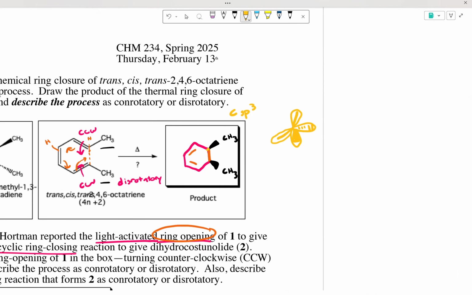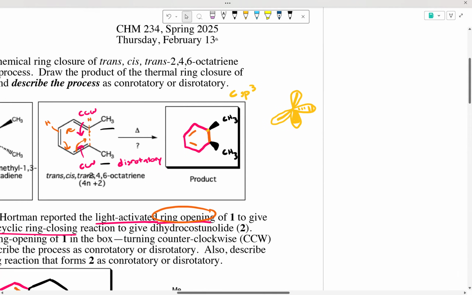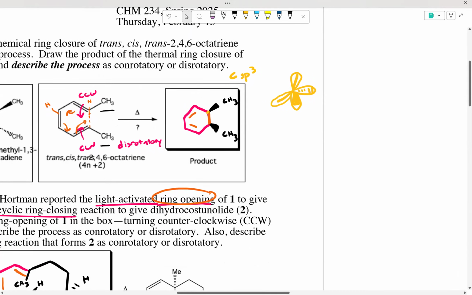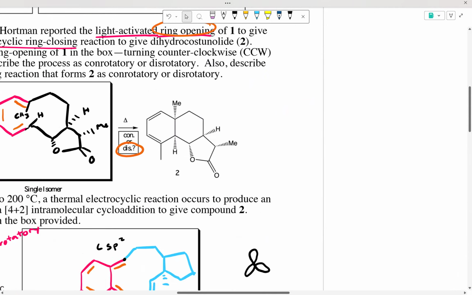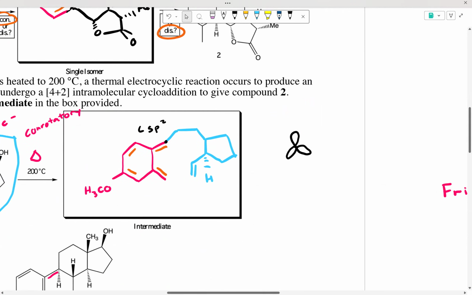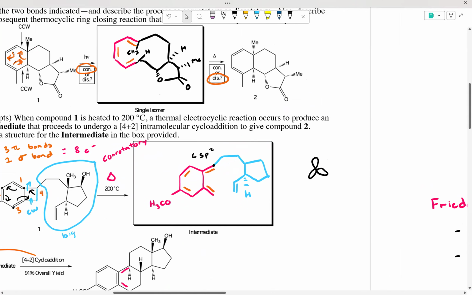So that's why in this example we were worried about if it was wedge or dash, because it's an sp3 carbon. And this one, it's just an sp2 carbon, which means that the orbitals are all in a plane. So we didn't have to worry about if it was going away or towards us when it was rotating.